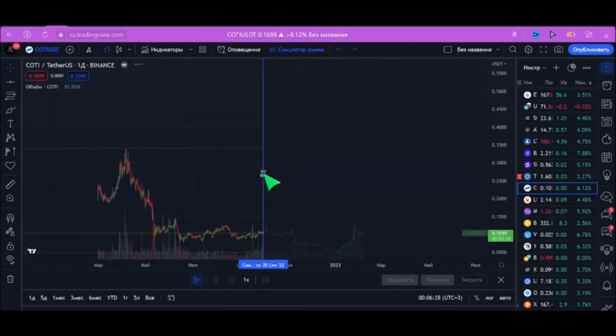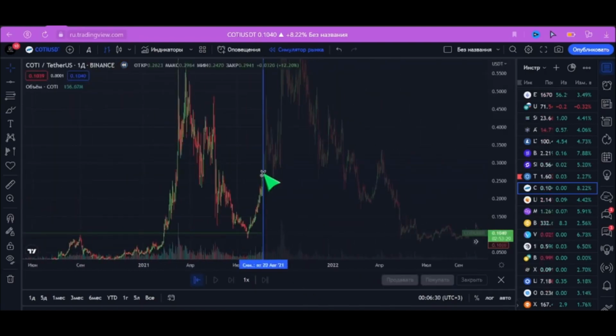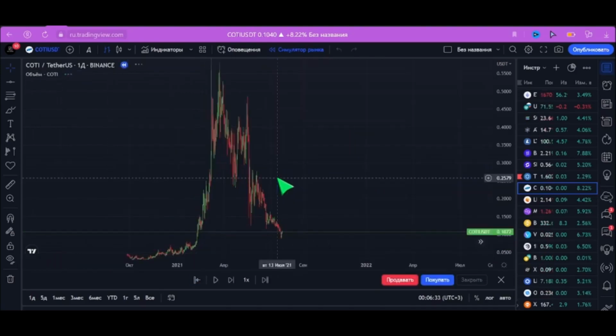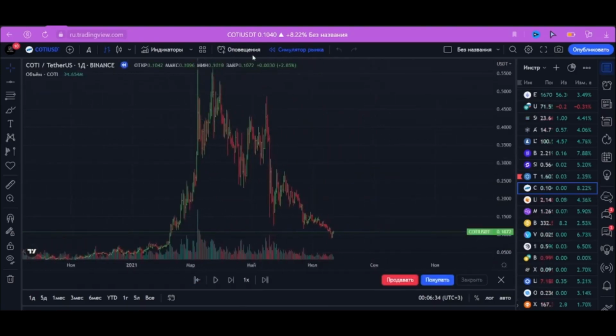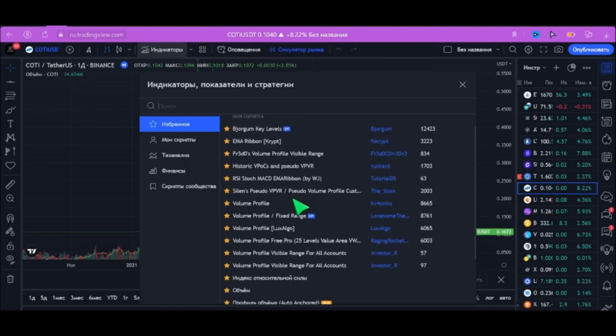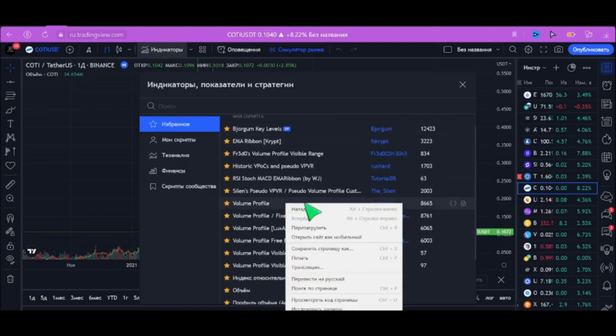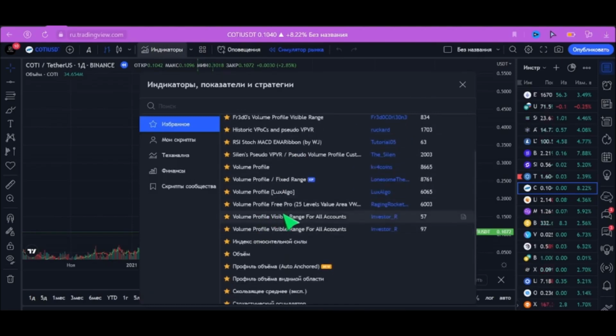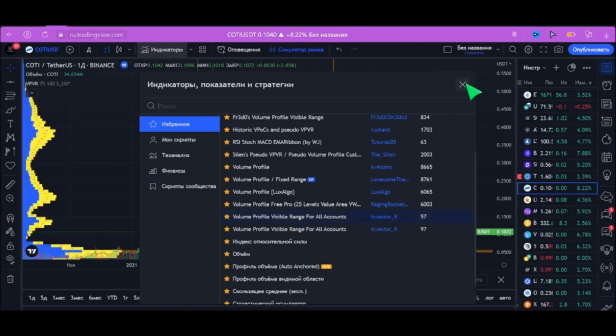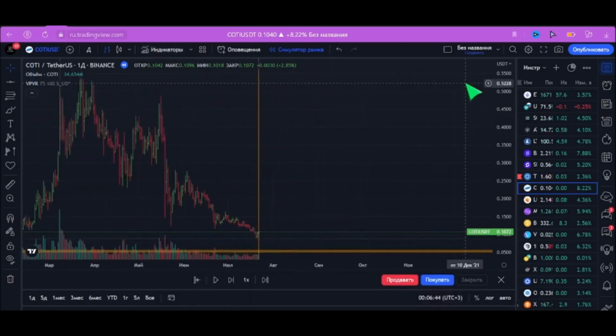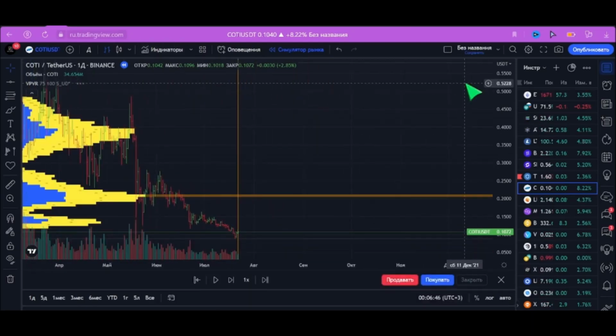Let's find some downtrend and set up a volume profile on it. Now we take this volume profile this way. You see the largest volume we had here, then here, then here, and then here.